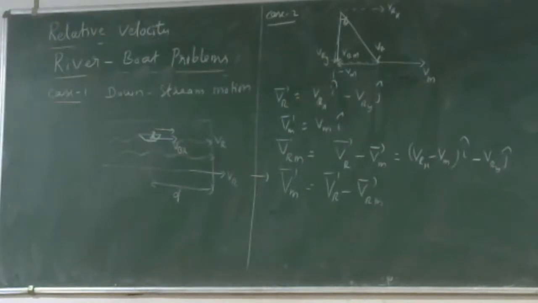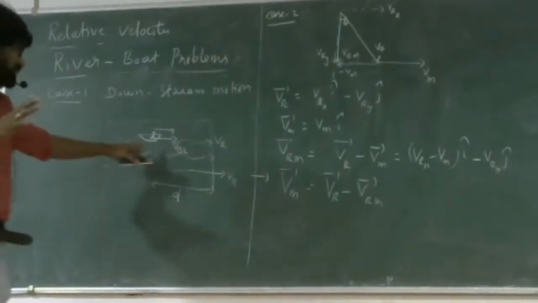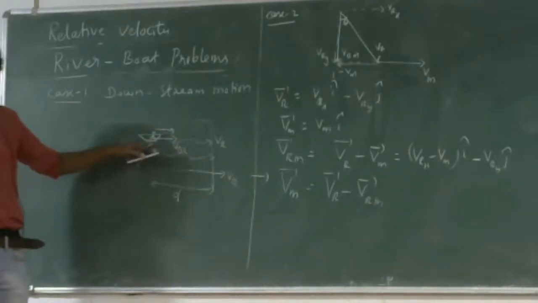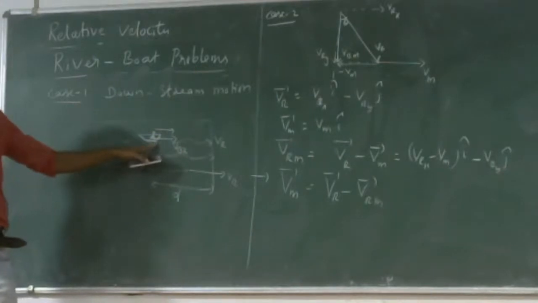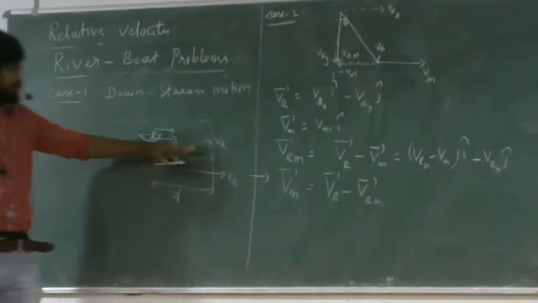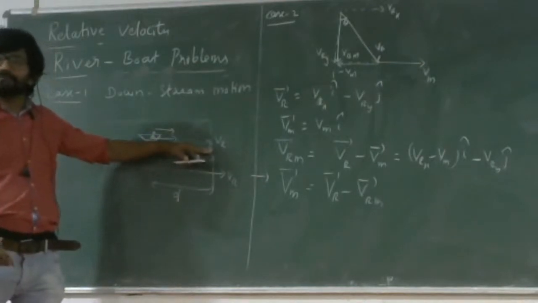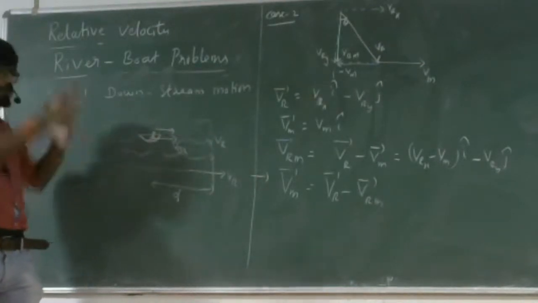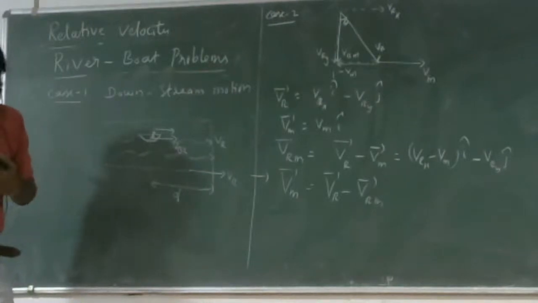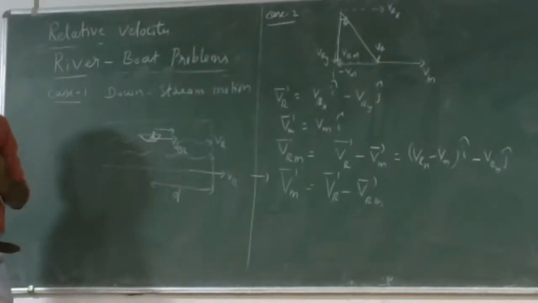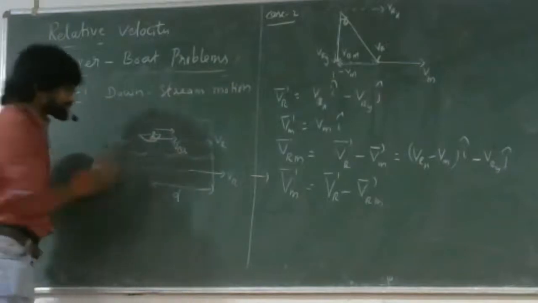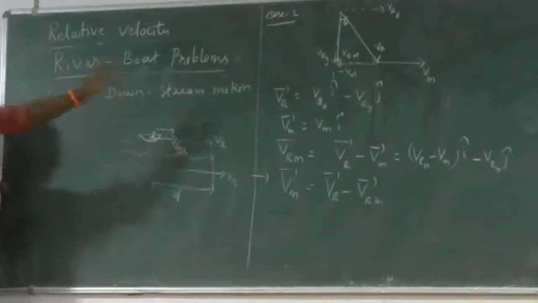If you are observing from the bank of the river, from outside the river, and he measures the speed of the boat with respect to river, he will be moving at some, say for example, 10 meters per second. But when you observe from the outside, with what speed the river is flowing, plus with what speed he is moving, together will be observed as the velocity of the boat with respect to ground.